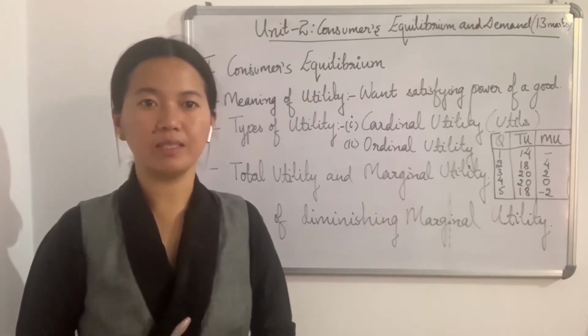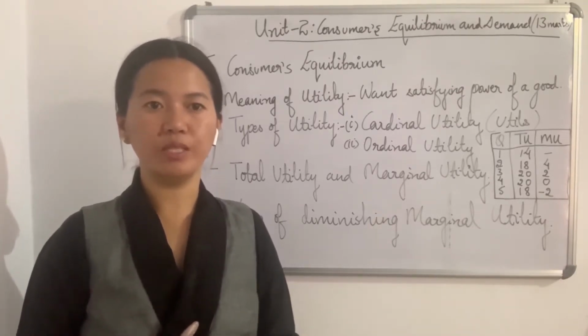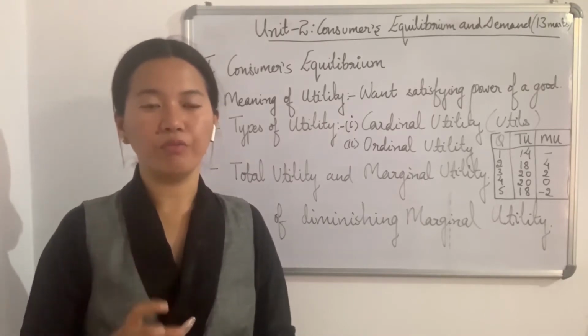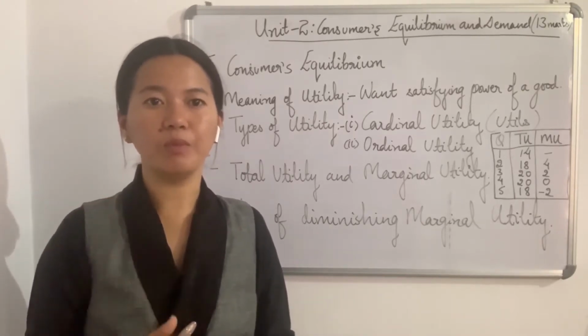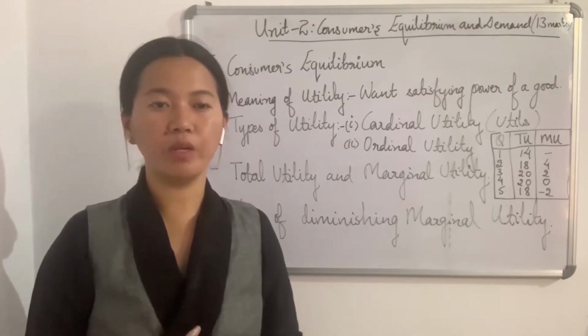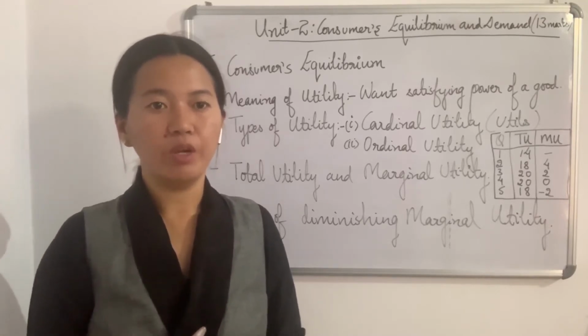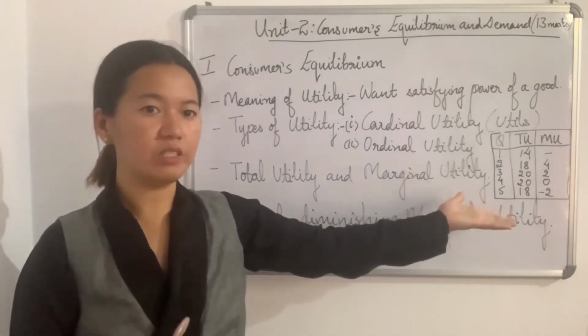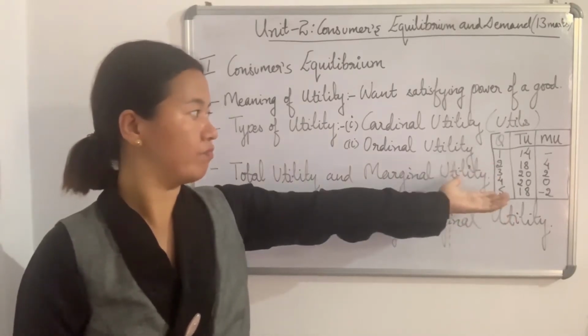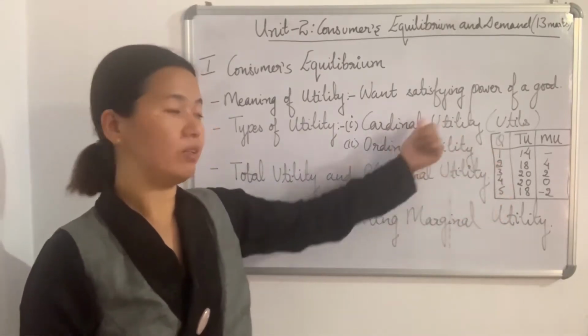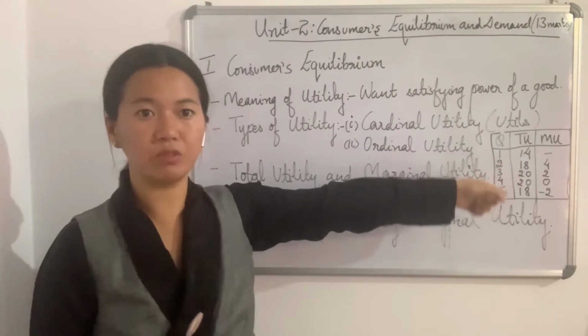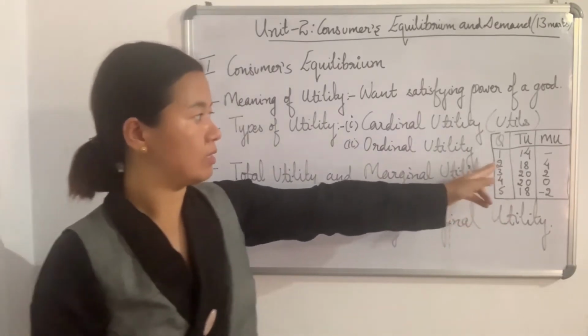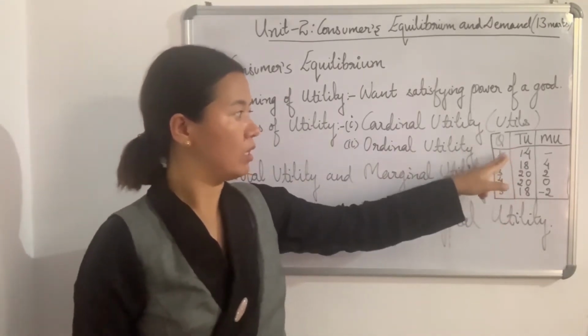And first, let us understand its meaning. Total utility means the sum of satisfaction or sum of utility derived by consuming all the units of the commodity. For example, in this small table, this utility is cardinal utility, as it is measured in terms of numbers. Let us understand the table first.